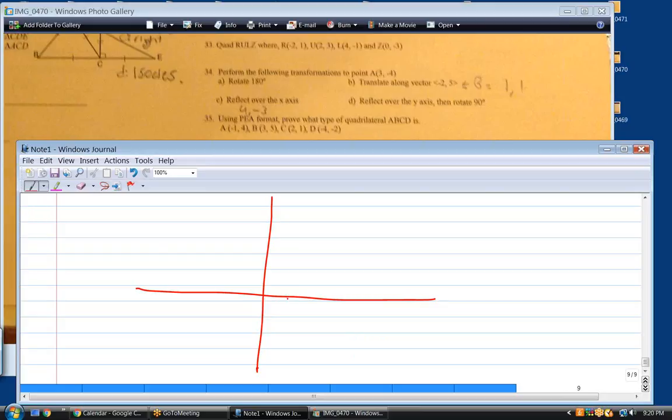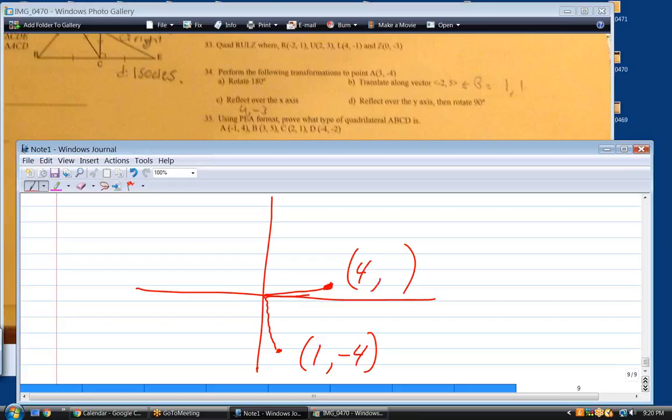Let's use 1, minus 4. Those numbers are far enough apart, I mean the 1 and the 4. Now, if I rotate that thing 90 degrees, I know exactly what the coordinates on that point are. What are they? 4, 1.